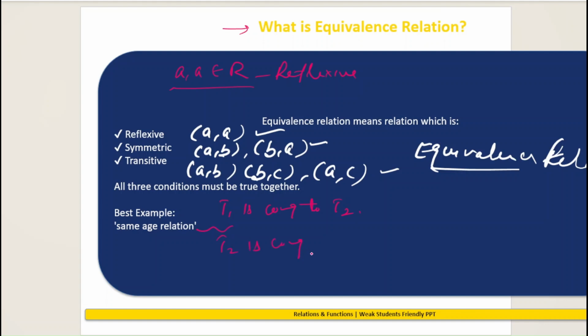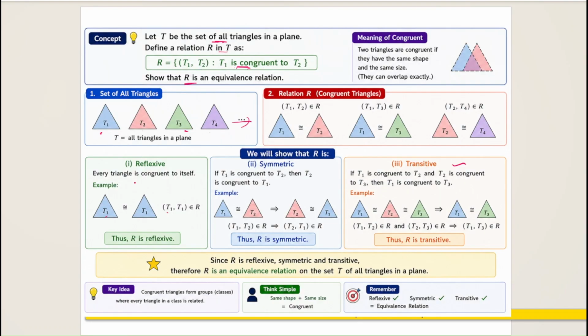If T1 can overlap T2, then obviously T2 can also overlap T1. So if (T1, T2) belongs to R, it is automatically understood that (T2, T1) will also belong to R. That means the given relation is symmetric also. So the second condition is proved.